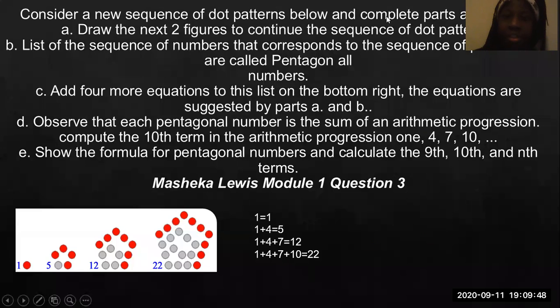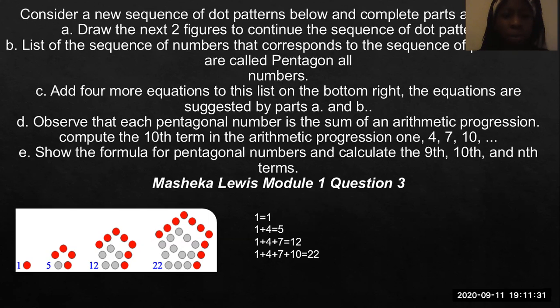Okay, so this question is: consider a new sequence of dots shown below, and complete A through C. A, draw the next two figures to continue the sequence of the dots. B, list the sequence of numbers that corresponds with the sequence of these.